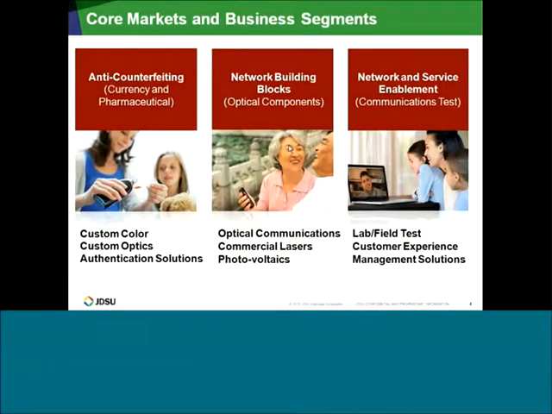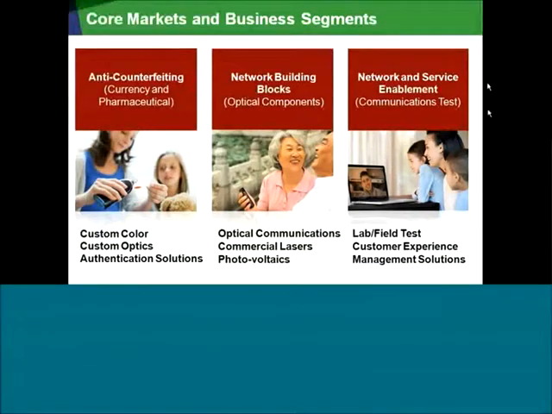So at JDSU, we not only are providers of portables and test equipment, but we also like to provide you full and complete solutions. Our division is now called the Network Service Enablement, and the reason for transitioning to this naming is simply because we want to be seen as a solutions provider.